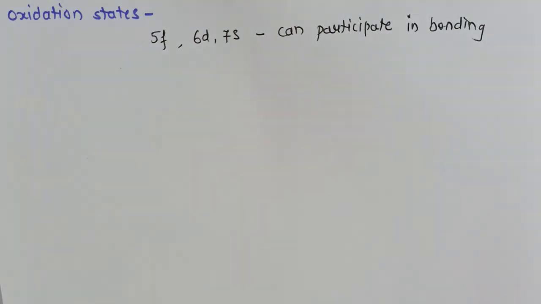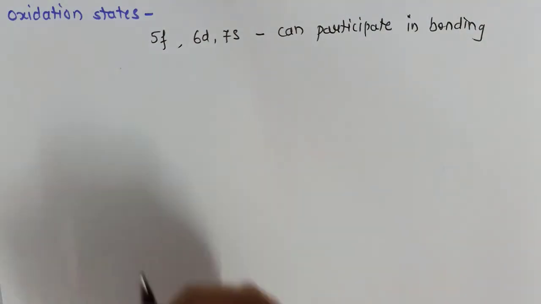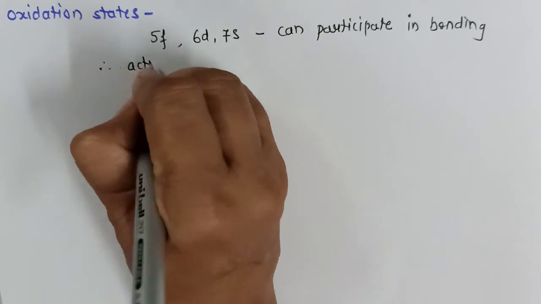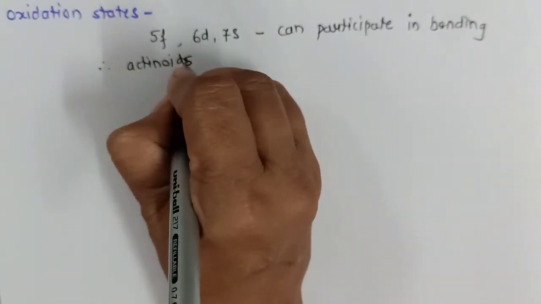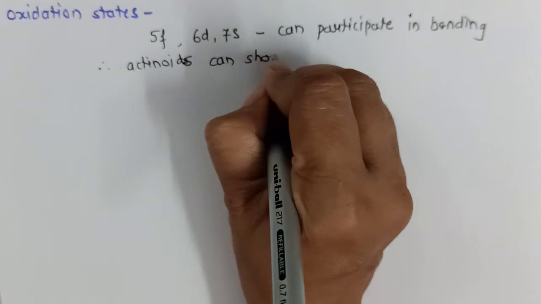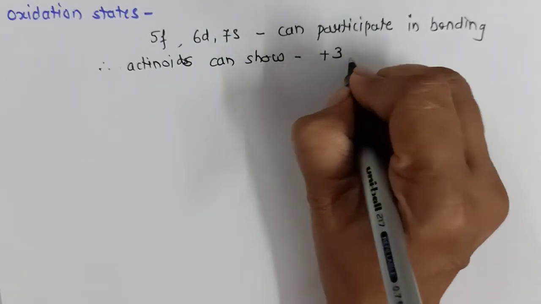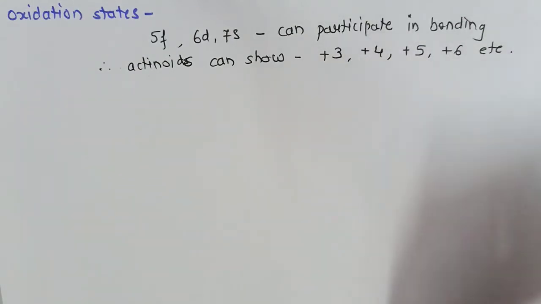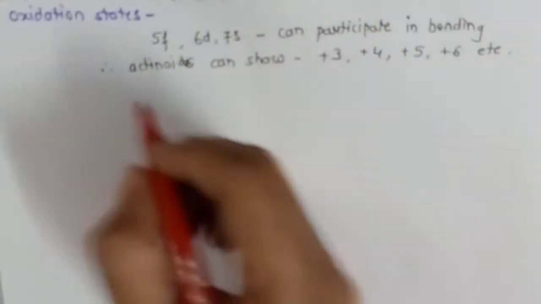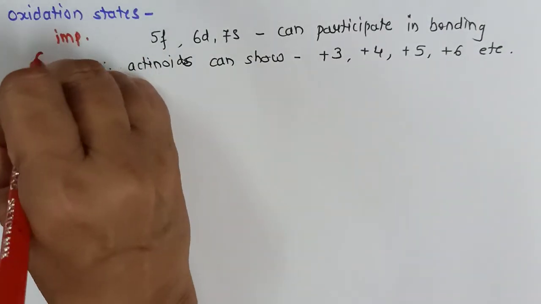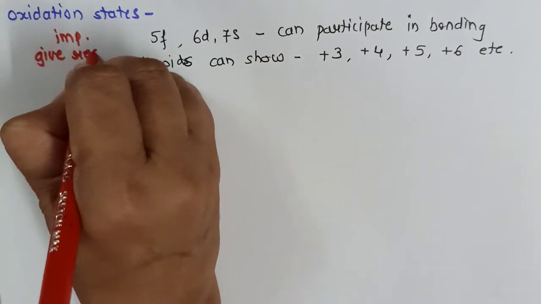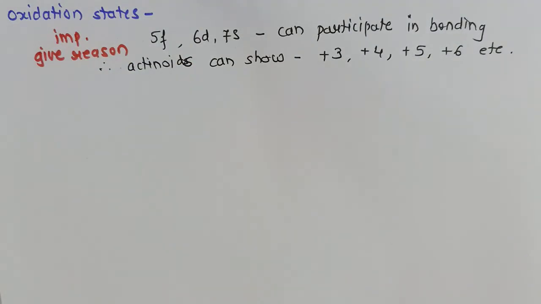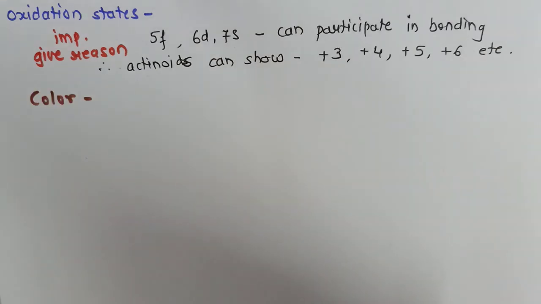This is not the case in lanthanoid elements, and therefore actinoids can show oxidation states like +3, +4, +5, +6, etc. Whereas in the case of lanthanoids, it is mainly +3. This point is important. Give reason question: why do actinoids show more oxidation states as compared to lanthanoids?